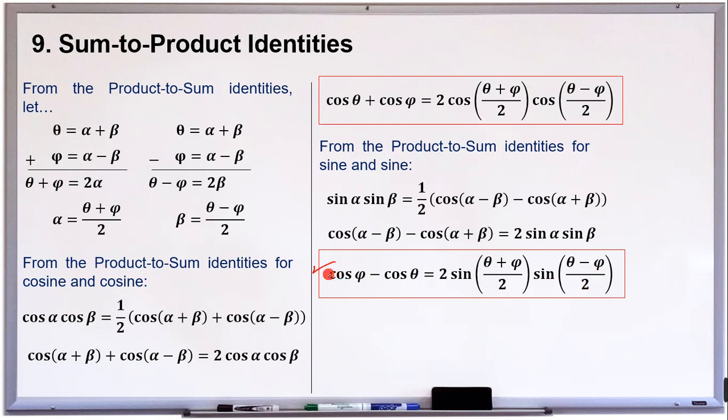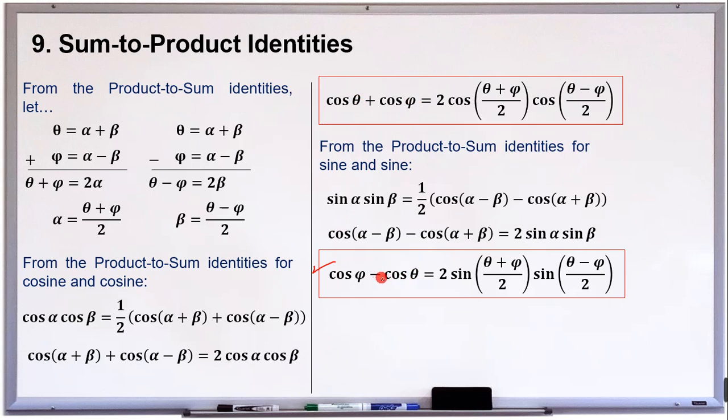As you can observe for our last sum to product identity, the only difference from the three sum to product identities that we have just derived is that phi comes first before theta, because for the previous three sum to product identities, theta will come first before phi.